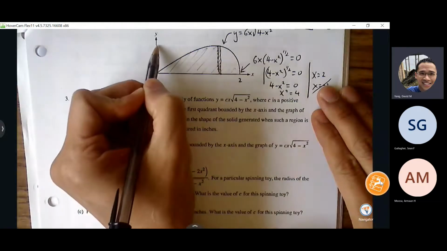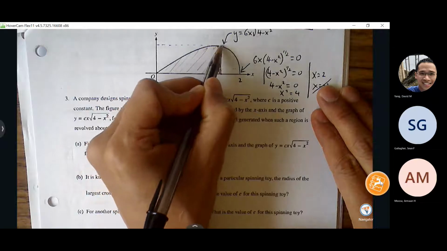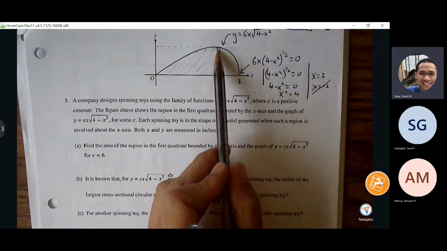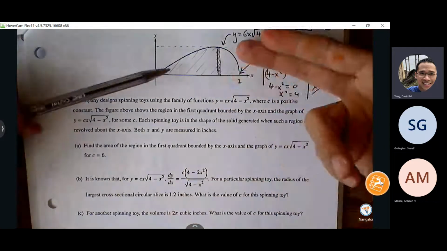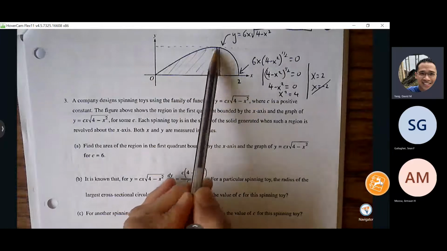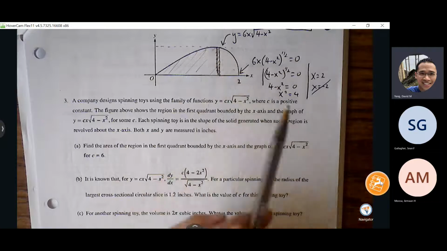And I know that I'm going to be able to achieve that slope 0 right when the radius hits its maximum, right? We're taking this, we're rotating around the x-axis. We know the maximum radius will occur at this point, which according to this curve will be where the slope is 0.